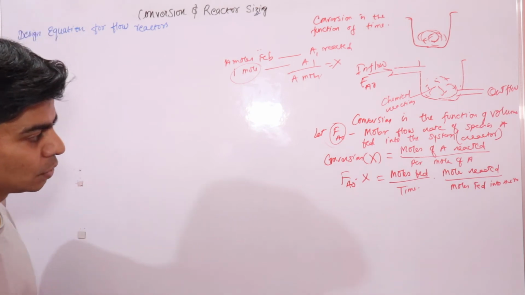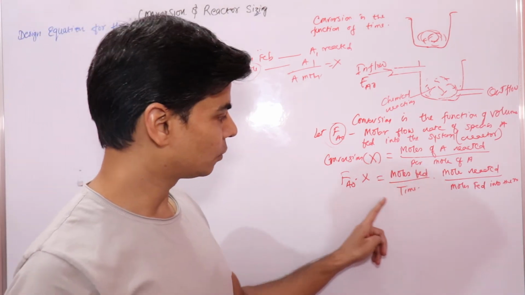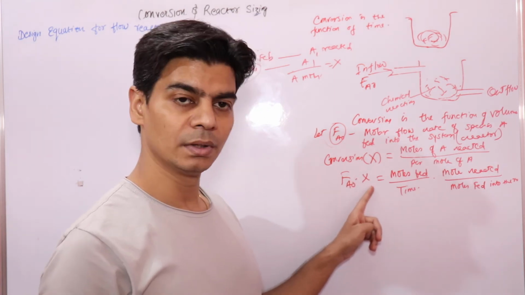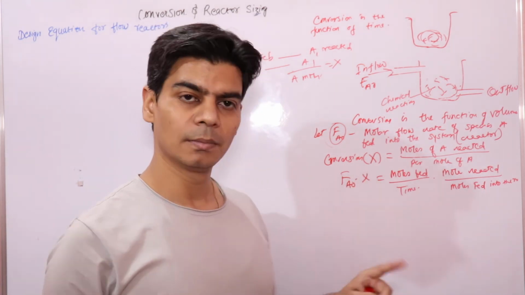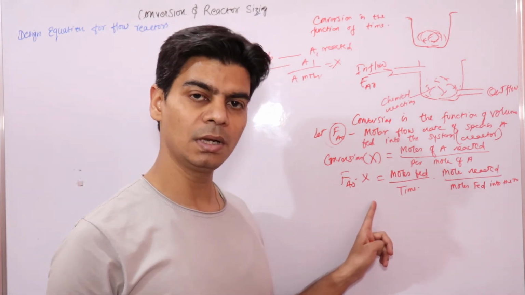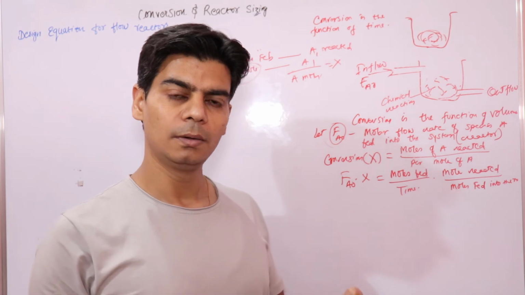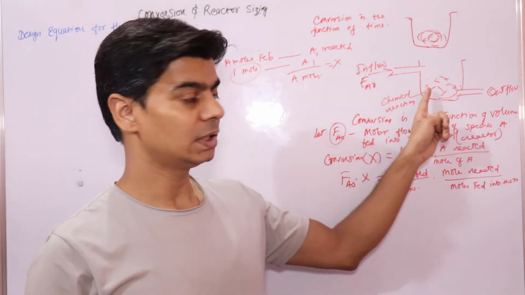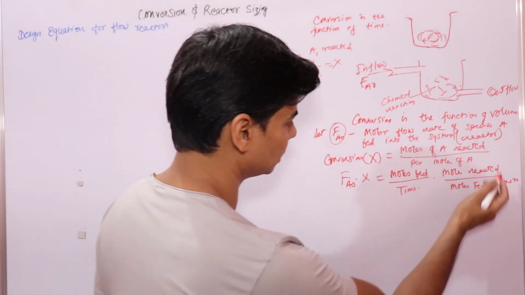Here this is the total number of moles, FA0, and this is the conversion per mole. Total number of moles into per mole conversion is your total of FA0 that is consumed inside the reactor, which is this.